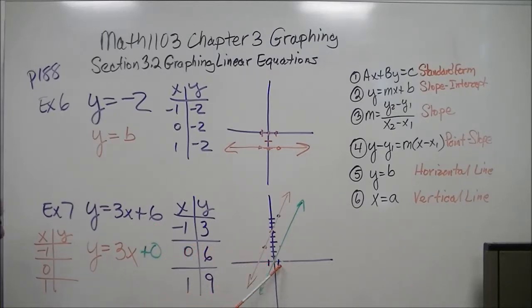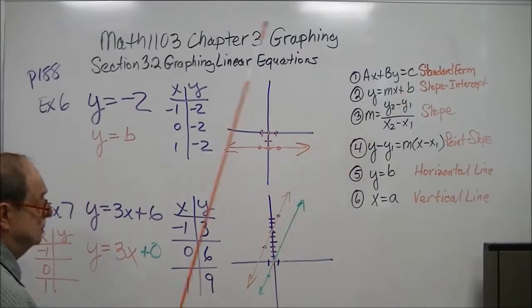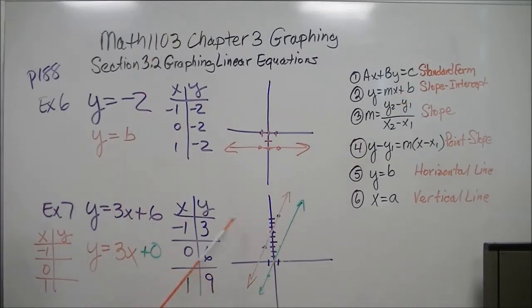And it happens to be parallel to the green line, except, and notice that we said B up here is the y-intercept. It's going through the y-intercept value of 6. So there's your y-intercept there. There's your y-intercept there at 0, the origin.